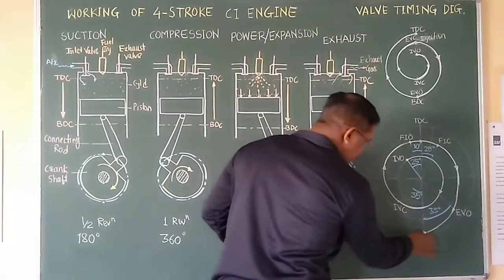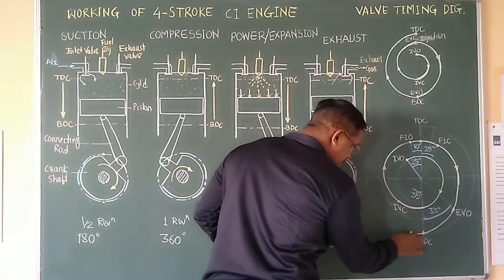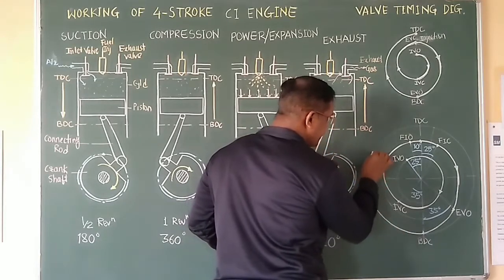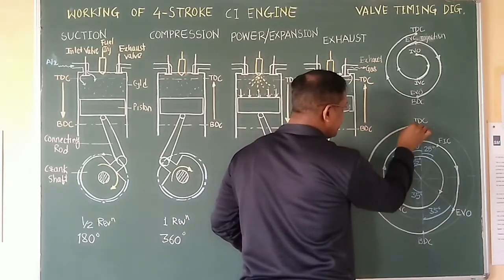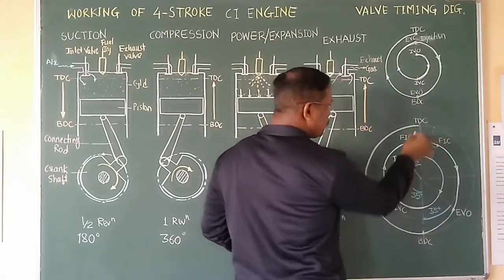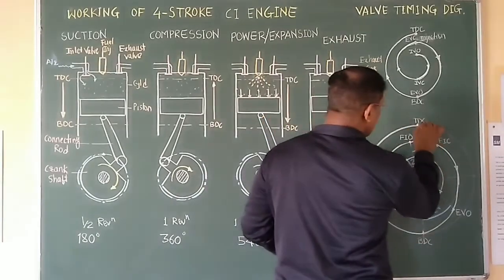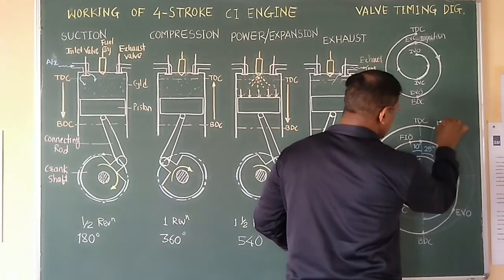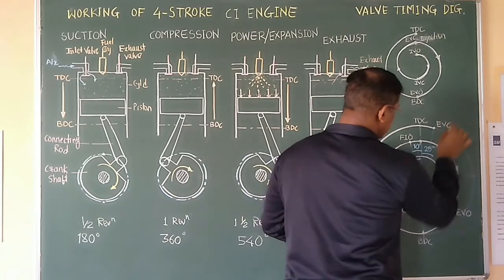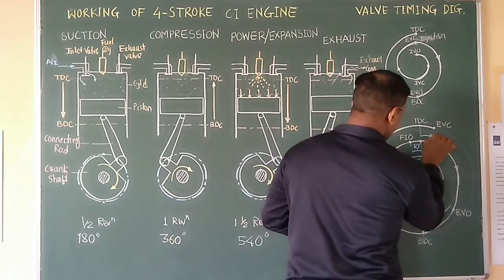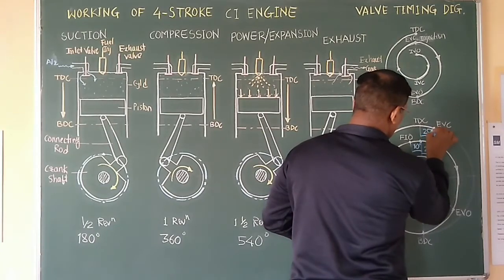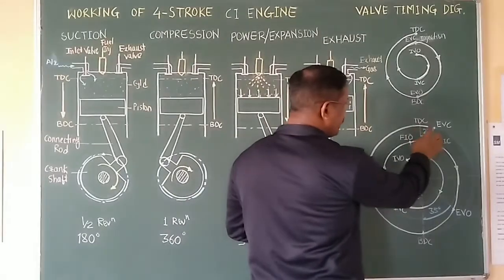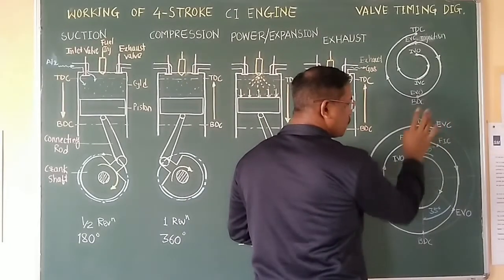And after this, when the piston moves towards TDC, definitely the piston will push out exhaust gases. But the exhaust valve does not close at exactly TDC; it is after TDC, 20 after TDC. Here the exhaust valve closes. So after 20 degree of TDC, the exhaust valve gets closed.